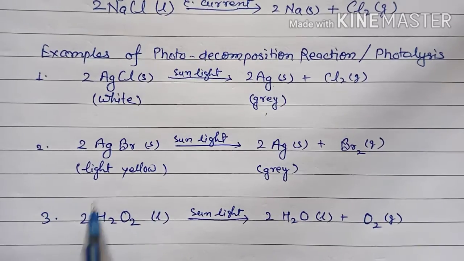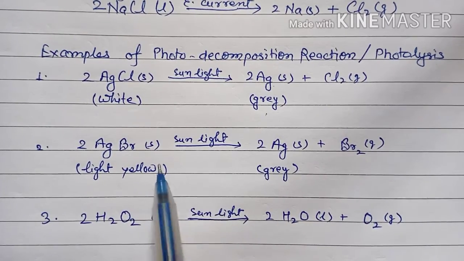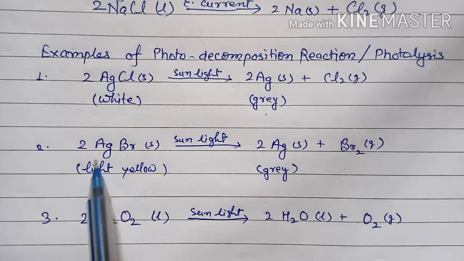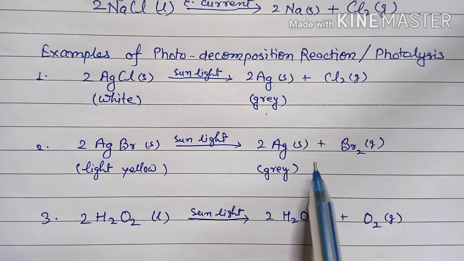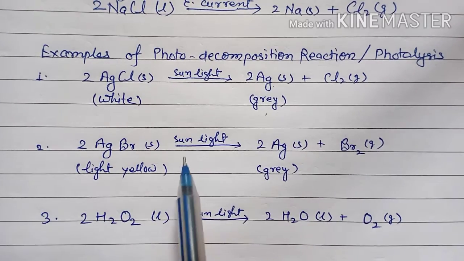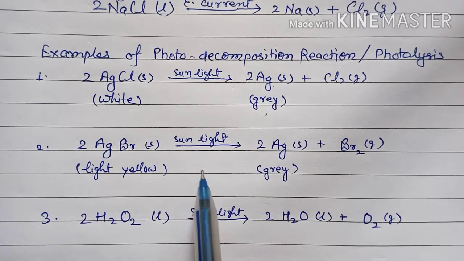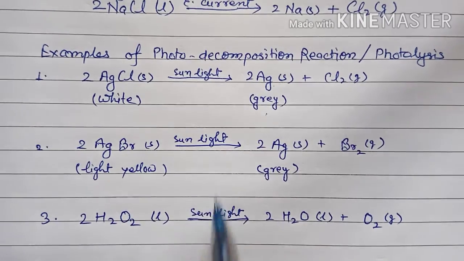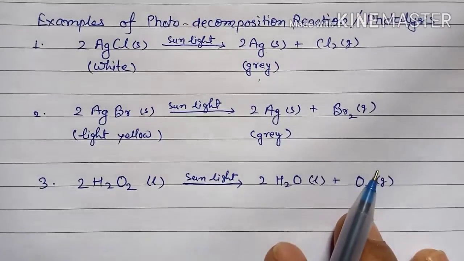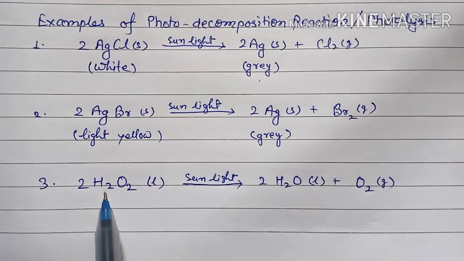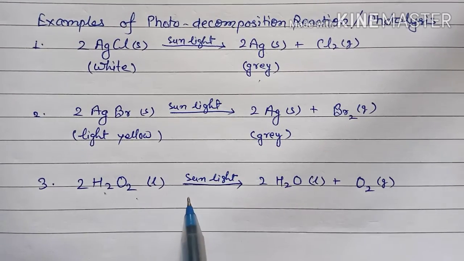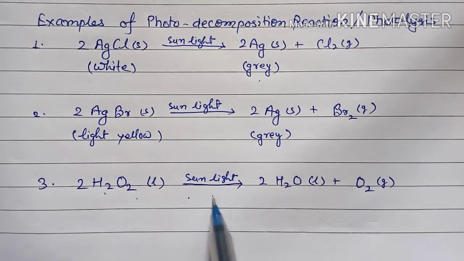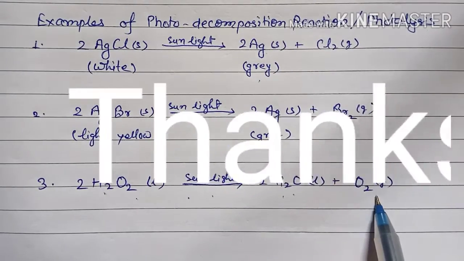This one is its equation. Because these reactions take place under sunlight, they are also known as photochemical reactions. And in the third equation you can see that hydrogen peroxide under sunlight also gets converted into water and oxygen.